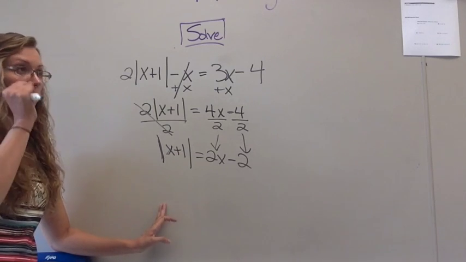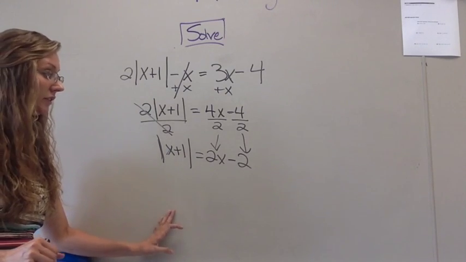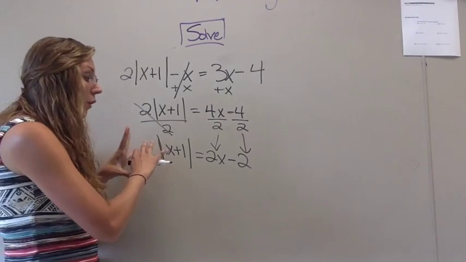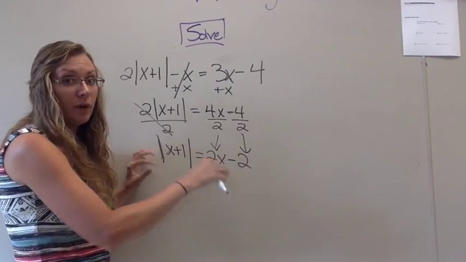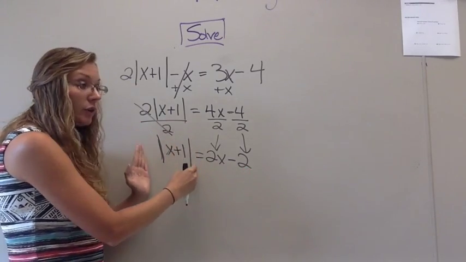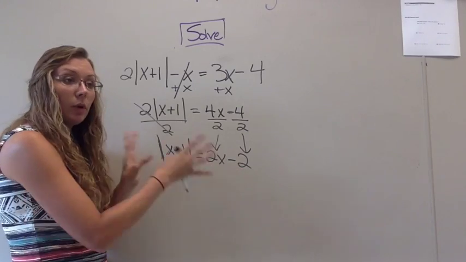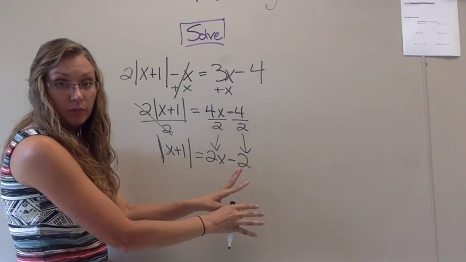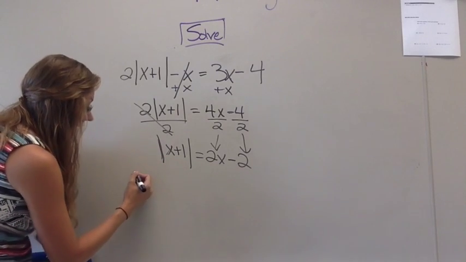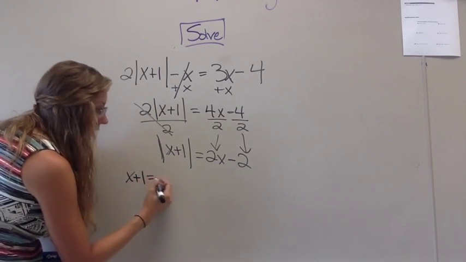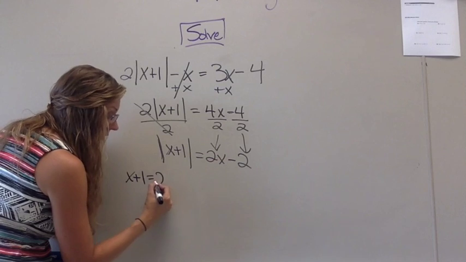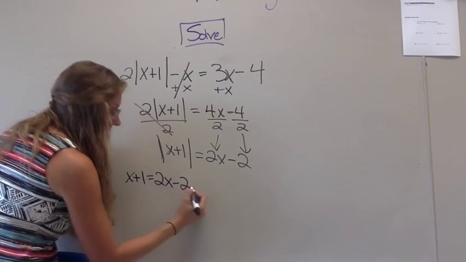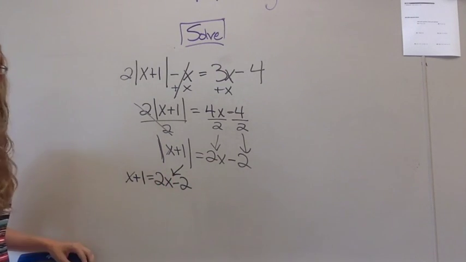So now that I'm here, I can take this right here and I'm going to do the exact same thing I did before. Now remember, when our absolute values are isolated, I take our solution, I make one solution positive and one solution negative. All right? Here, I'm going to have my x plus 1 equaling the positive solution, which is the same exact thing here. Okay? That's one way to split it.